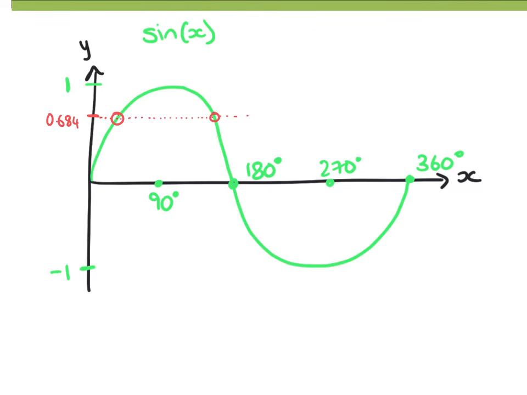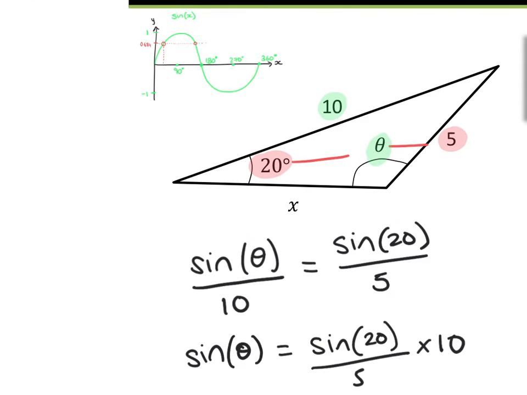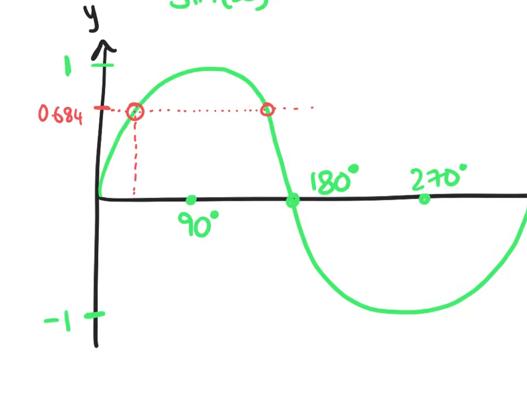Our first value, what was it? 43.2, but it also crosses at another value. Now, because this is symmetrical, what we're going to find is this is 180 minus 43.2, which is 136.8 degrees, okay? So when we're using sine, we can do 180 minus the angle to find the obtuse angle.